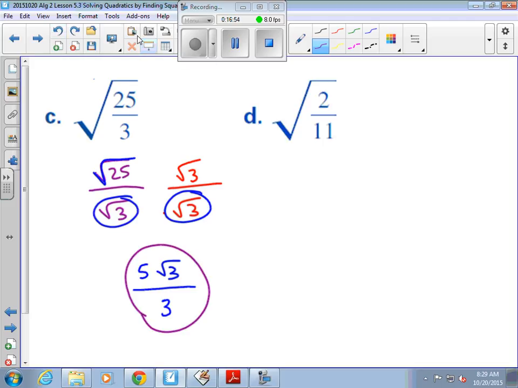One more to do. The square root of 2 over 11.